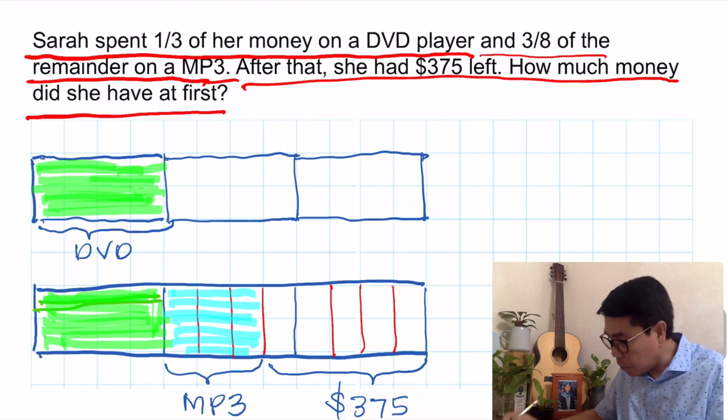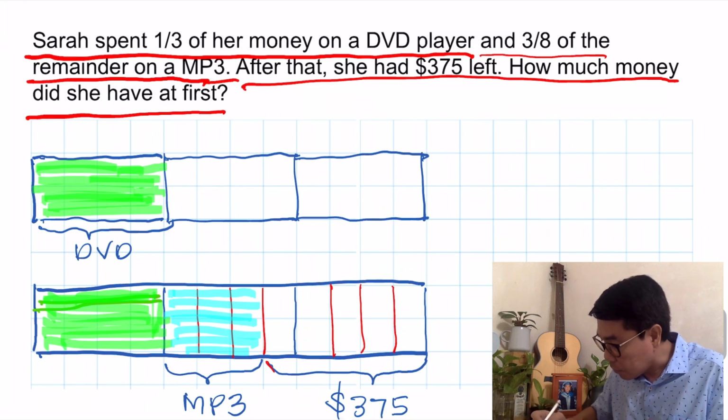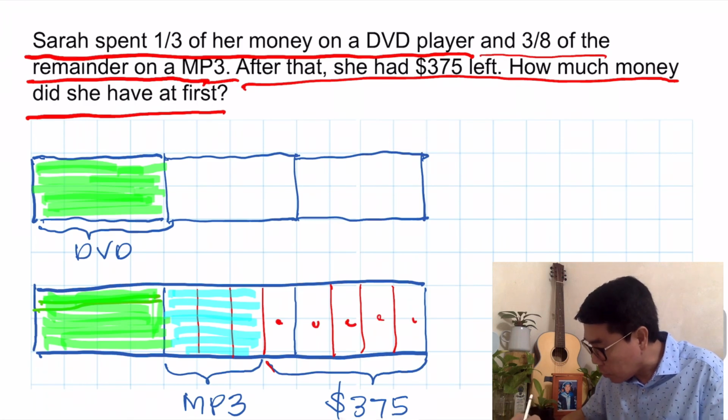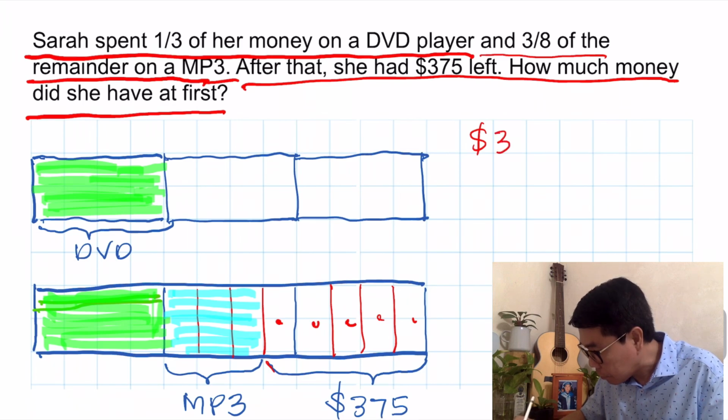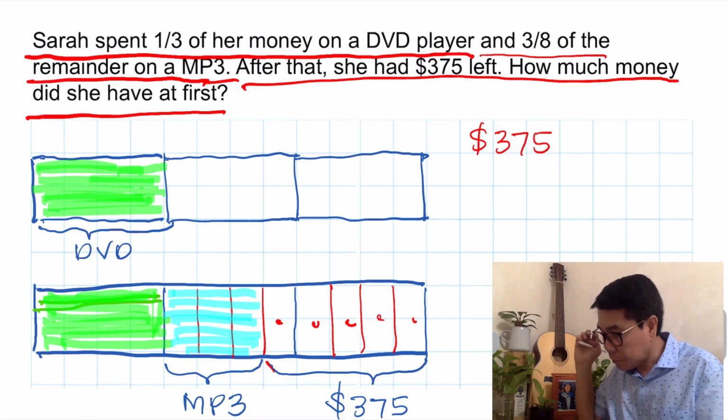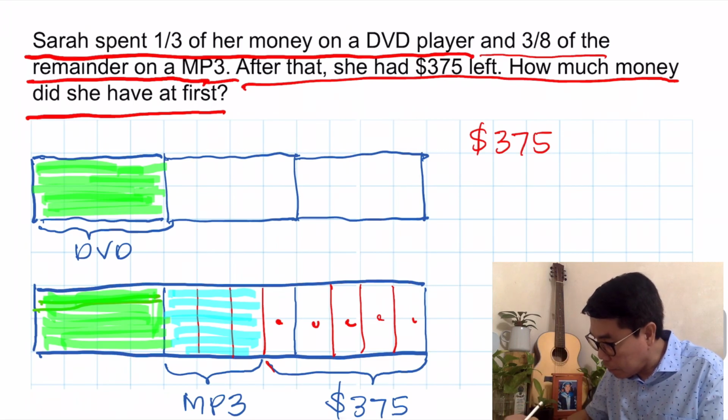So in other words, the 375 left is divided into 1, 2, 3, 4, 5 parts.